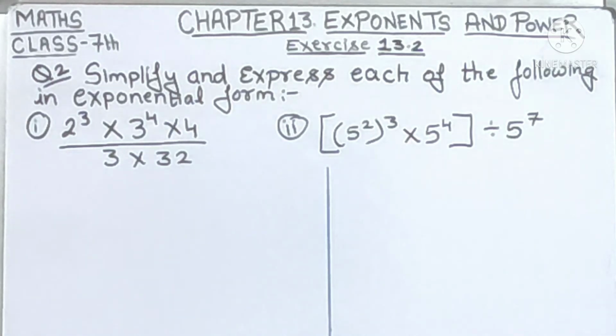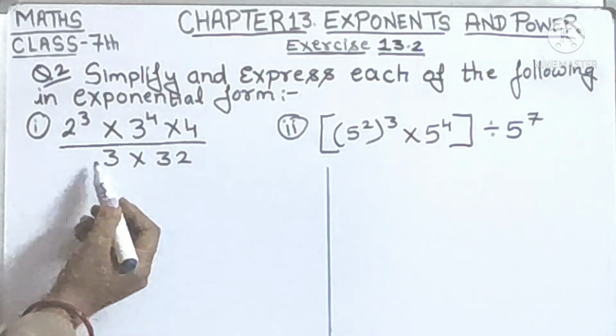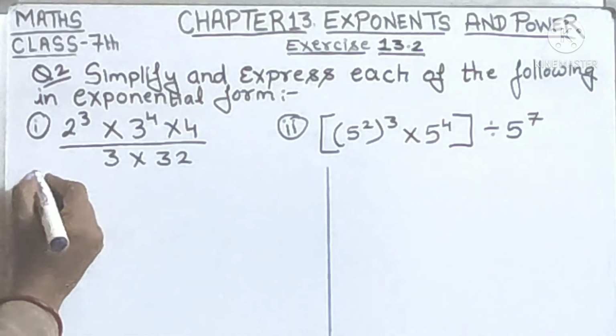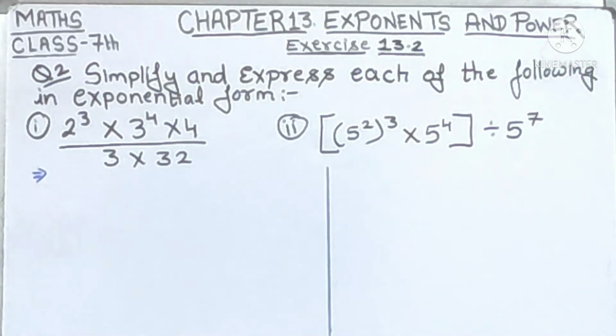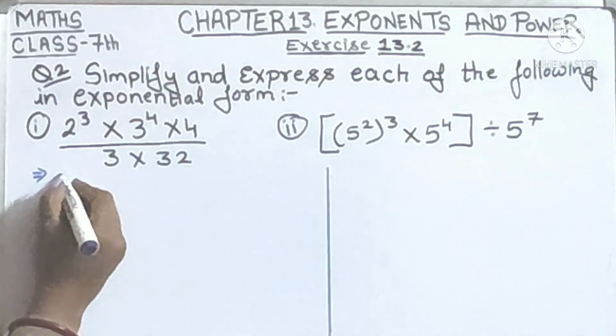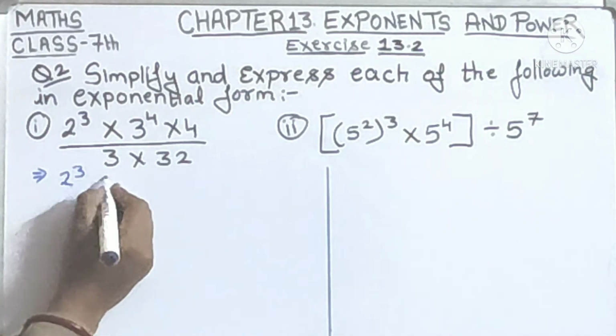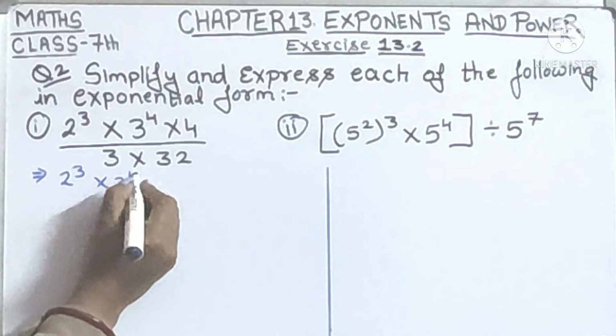First question is 2 raised to the power 3 into 3 raised to the power 4 into 4 upon 3 into 32. To solve it, first of all, we have to simplify it. If you see a bigger number, you can break it into smaller numbers. 2 raised to the power 3, we will write as it is. 3 raised to the power 4, we will write as it is.